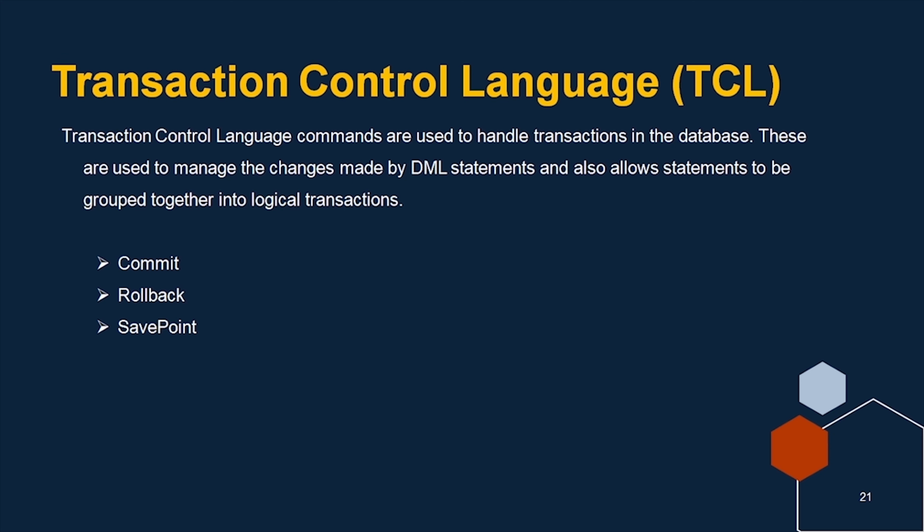We will discuss all these details on the next slide, but before that we need to understand what a transaction is. A transaction is a group of DML statements that depend on each other. If our transaction succeeds, all these DML statements should be executed in our database. If our transaction fails for some reason, all these DML operations should fail. Otherwise there will be a problem of data inconsistency.